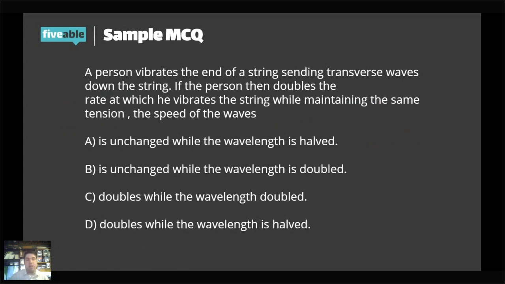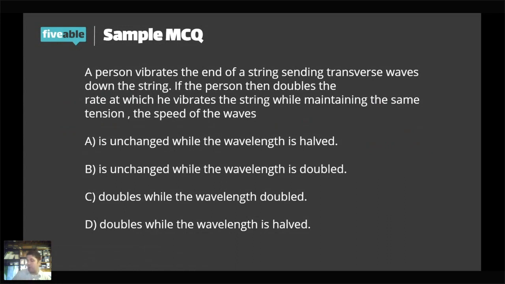Again, if we are keeping the same tension, that means the speed of the wave stays the same. Changing the tension changes the speed. Changing the density changes the speed. Keeping that stuff the same, the speed does not change.